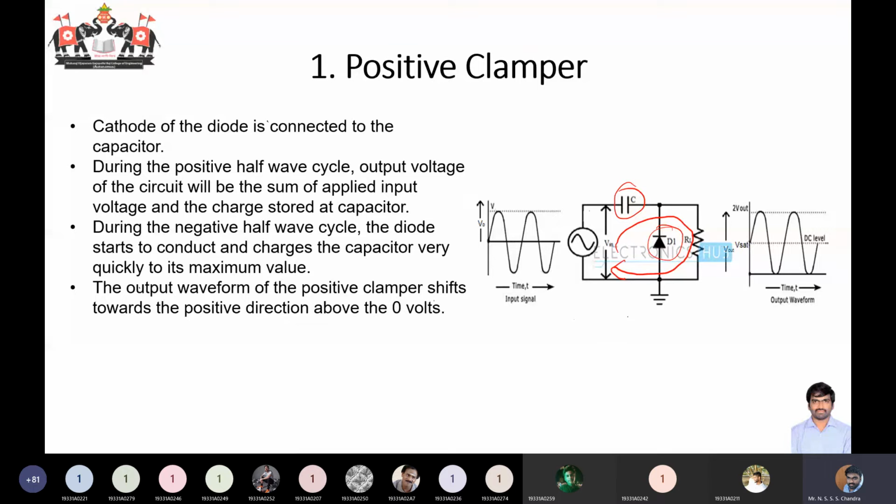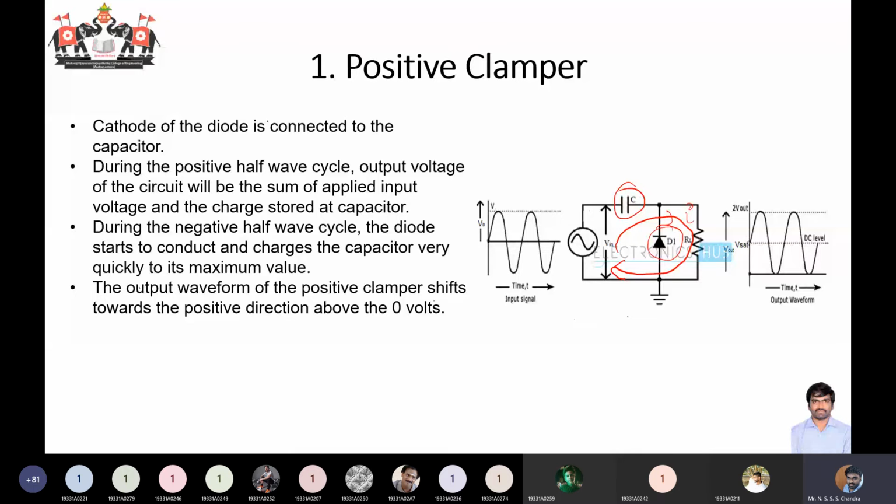So you have V in. From V in, current will flow through the capacitor, from the capacitor through the load resistor, and through the load resistor back to the voltage source. In the outer loop, we can see the current flowing, whereas your diode D1 will be in the off condition. Whatever the voltage source is delivering, that voltage will appear across your load resistor.